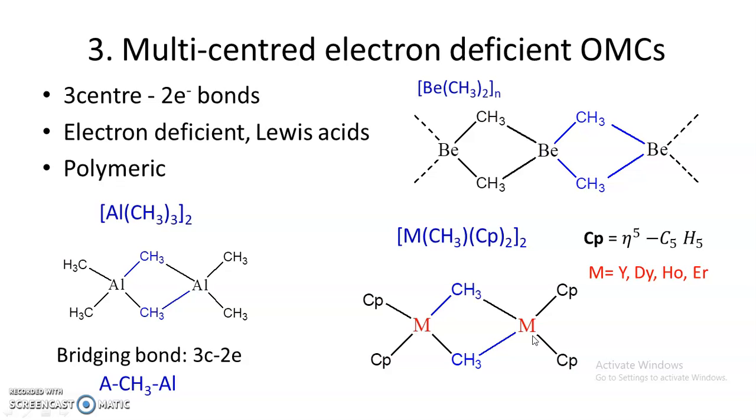And in multi-centered electron deficient organometallic compounds, there is a 3 centered 2 electron bond. These usually occur in polymeric form and act as Lewis acids, and these are the examples.